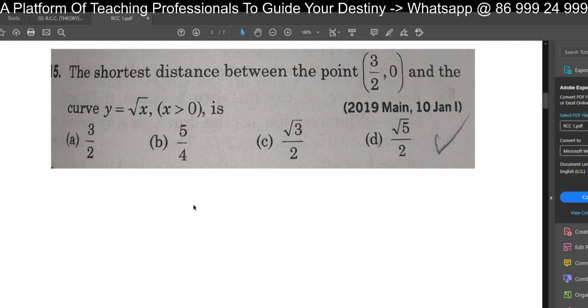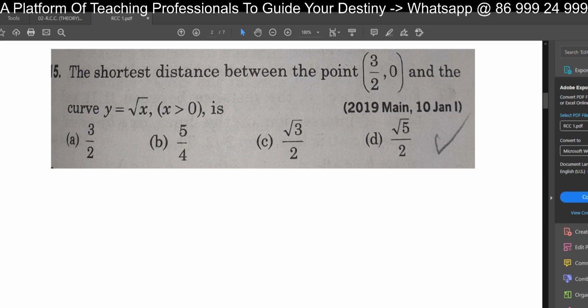AP is nothing but A square minus 3 by 2 whole square plus A square minus 0. This is nothing but AP square.